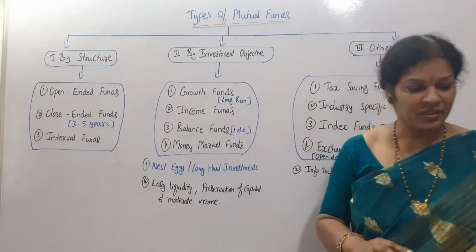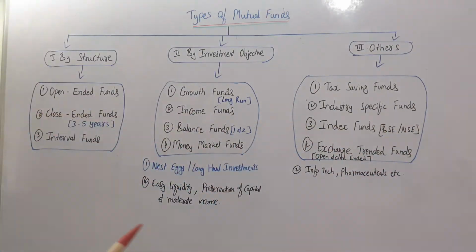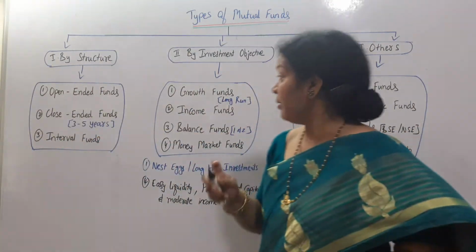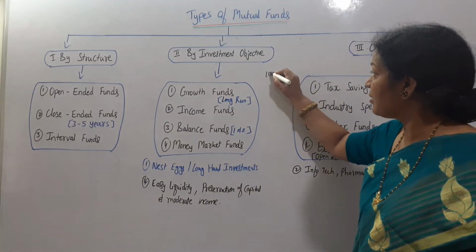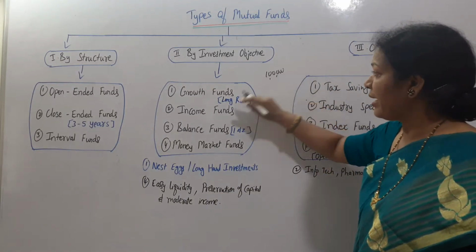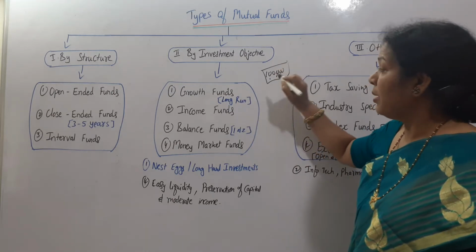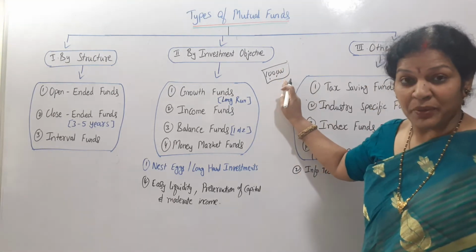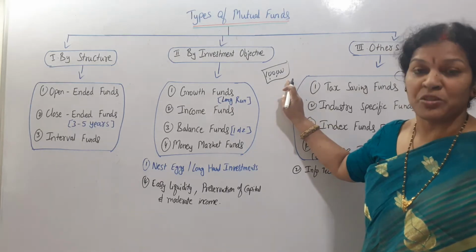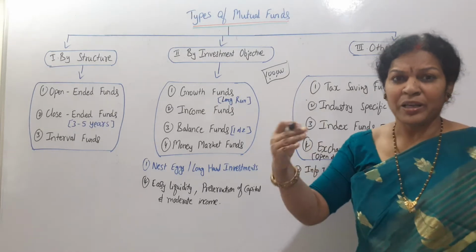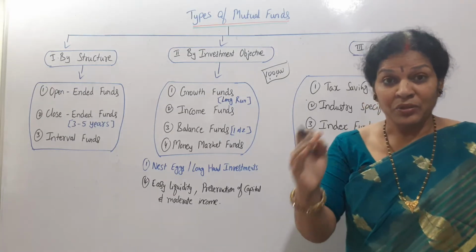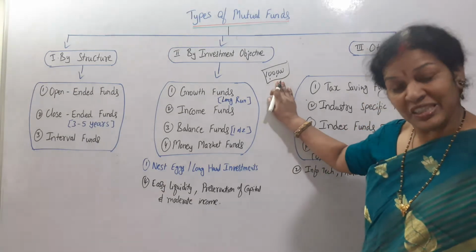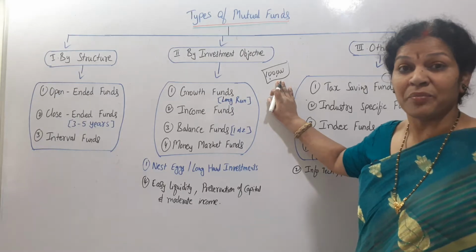For example, I want to invest around say 1 lakh on these growth funds. So on my investment there will be growth. 1 lakh may be increasing to 1 lakh 10,000, 1 lakh 20,000. So they are focusing on the growth of this investment, not on income.